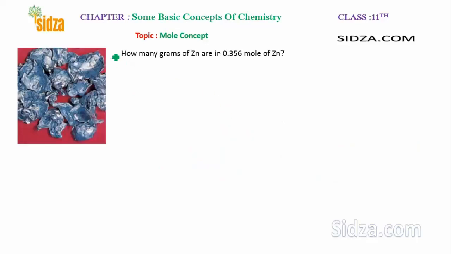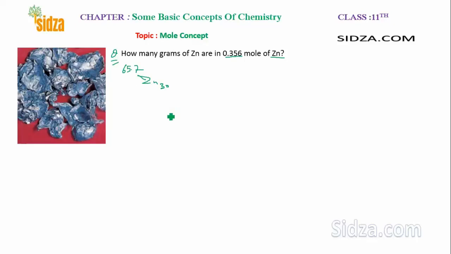Now let's calculate the weight of 0.35 moles of zinc. For zinc, we know its atomic number is 30 and the atomic mass is 65.7.